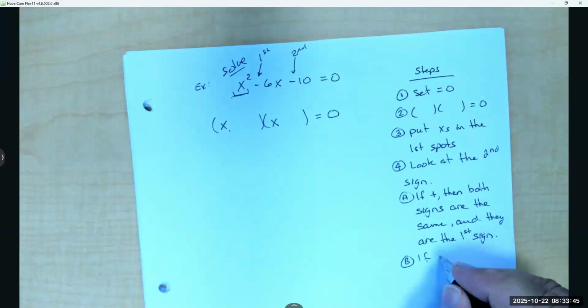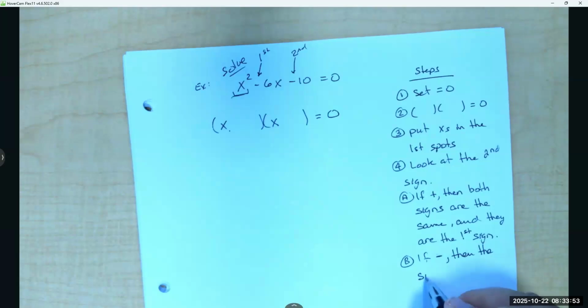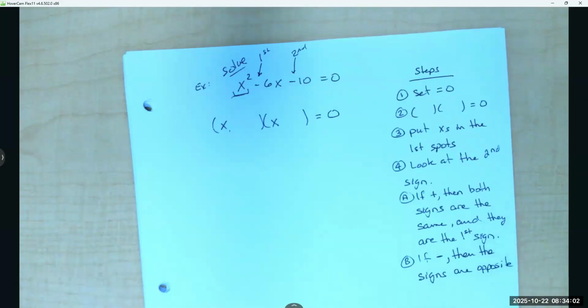If the second sign is a minus, then the signs are opposite. One's positive, one's negative.